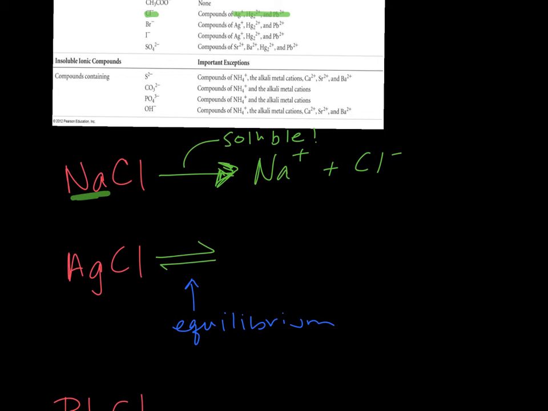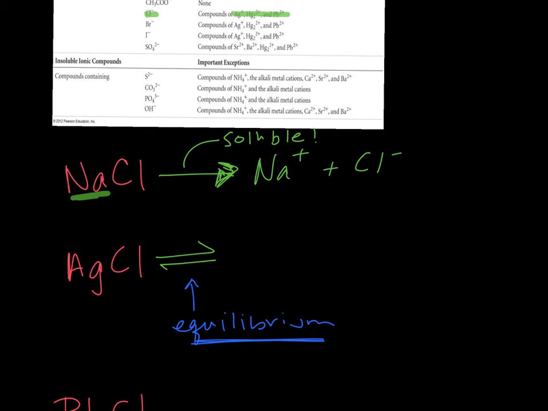And equilibrium is basically a type of chemical reaction in which products are made and reactants are made at the same time. So once a reaction reaches equilibrium, the products are made at the same rate, the same speed, that the reactants are made. And so you can't tell that a change is occurring anymore.